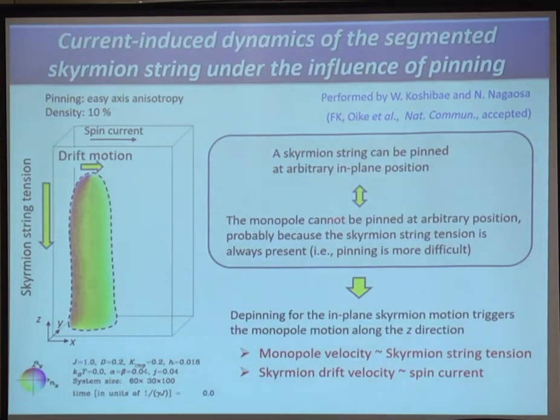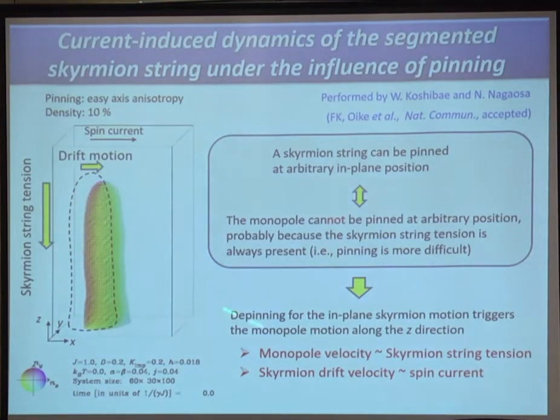Then they apply an in-plane current like this, and pinning of the in-plane Skyrmion motion triggers the monopole motion along the string direction. The reason is that Skyrmion strings can be pinned at almost arbitrary in-plane positions, whereas the monopole cannot be pinned at an arbitrary position, probably because the Skyrmion string tension is always present, since we are considering metastable Skyrmion strings.